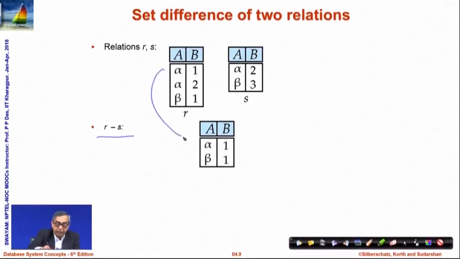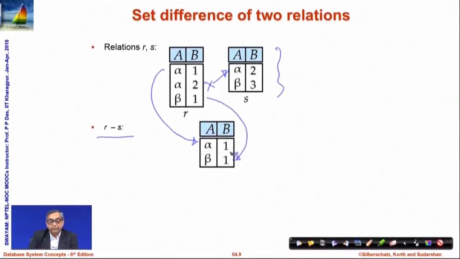So, this is included because this is not here, but this is not included because it is in S. This is included because this does not exist in the set S. So, you take the set R and then erase all the records which exist in S, and you get R minus S.